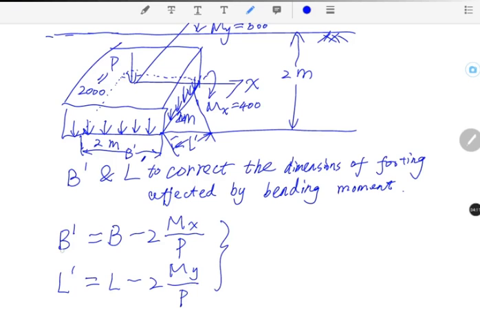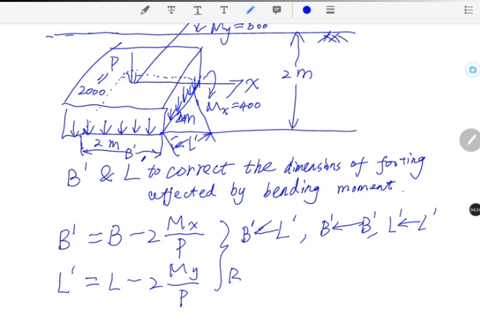After you get these two effective values determined, you need to compare. If B prime is smaller than L prime, use B prime as B prime and L prime as L prime.